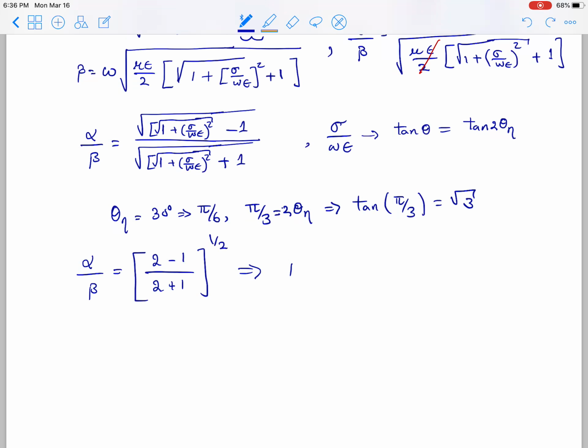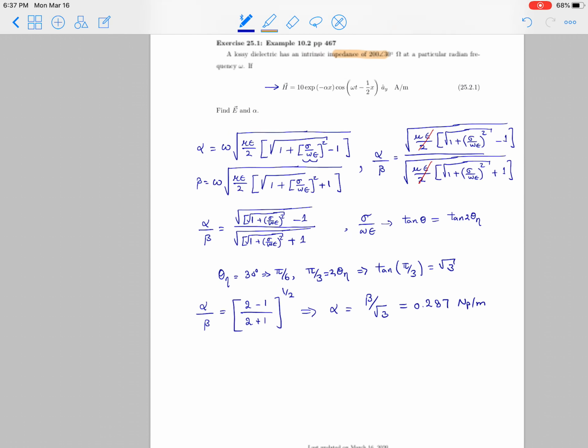Therefore, alpha, if you solve for this expression, you will end up with square root of 3, so 0.87 nepers per meter.